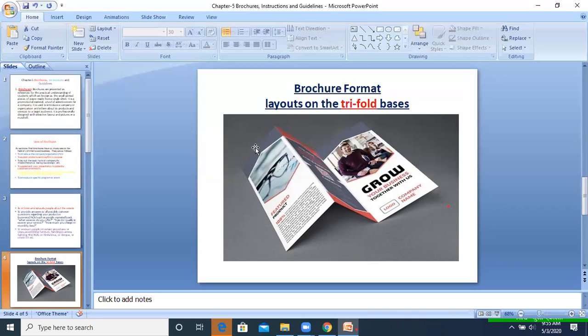This type of brochure is mostly available in our market, especially to advertise or publicize any company or organization. Especially you can see here three folds, and that's why it is called a three-fold brochure. Three means three, and fold means that it can be folded.